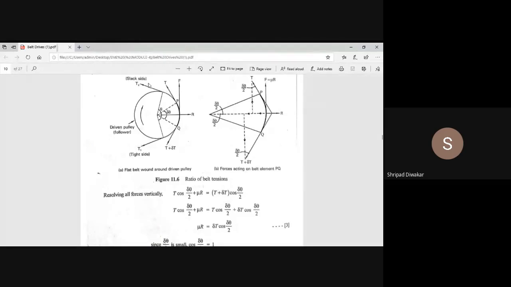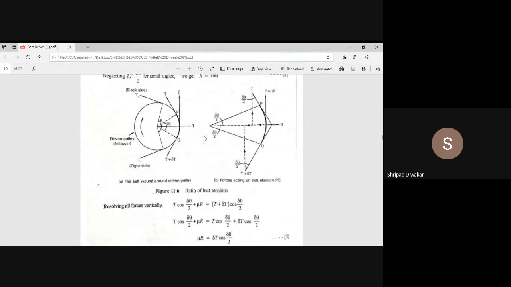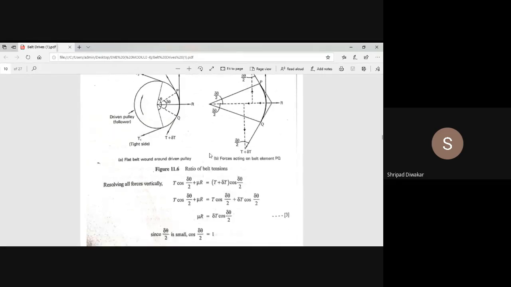In that case, what are you going to do? You are going to integrate the equation between the limits T2 to T1 for the entire belt drive.